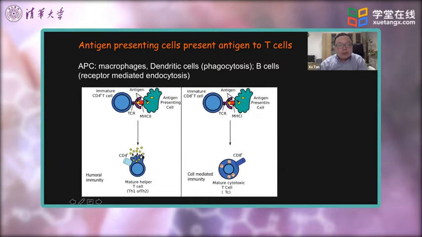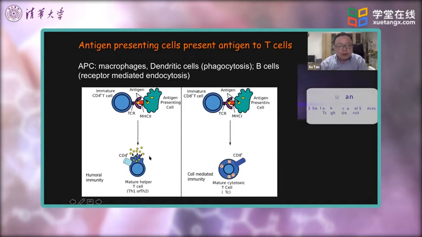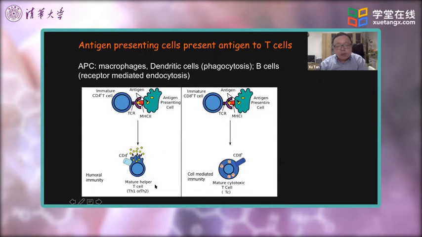These cytokines can promote the recruitment of other immune cells, as well as promote antibody secretion of nearby B cells. So this is really important for humoral immunity, or antibody-mediated immunity.